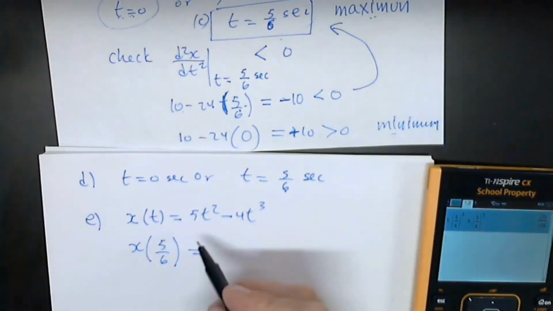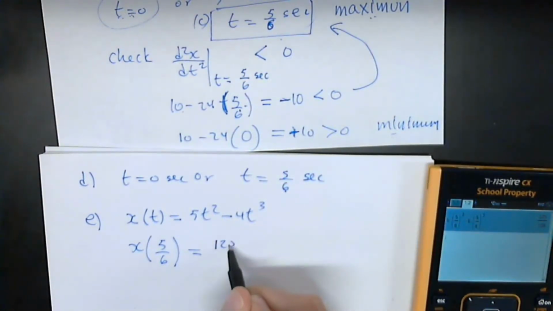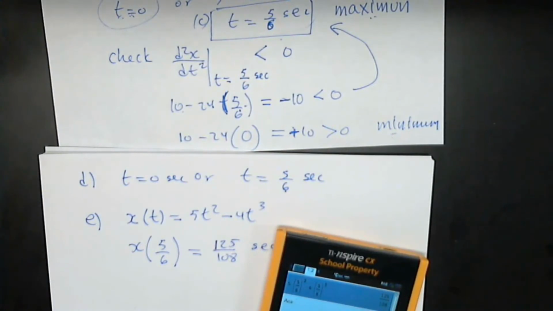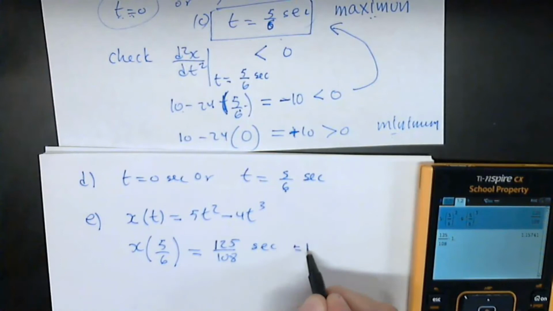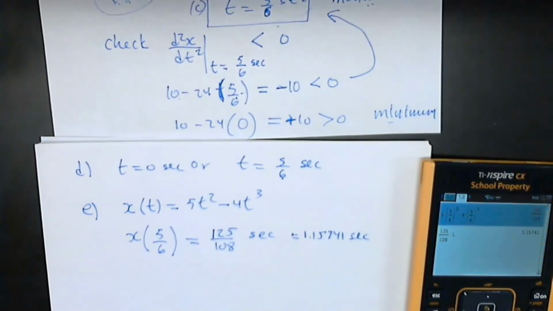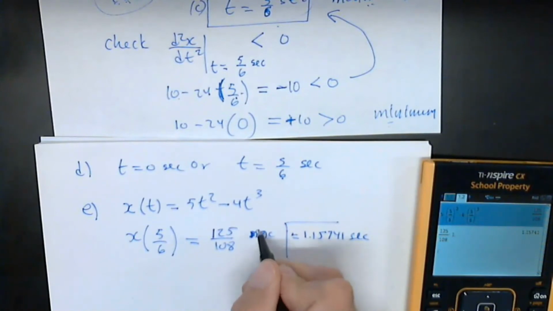And this is 125 over 108, which is 1.15741. So this is the time. I mean, this is meters.